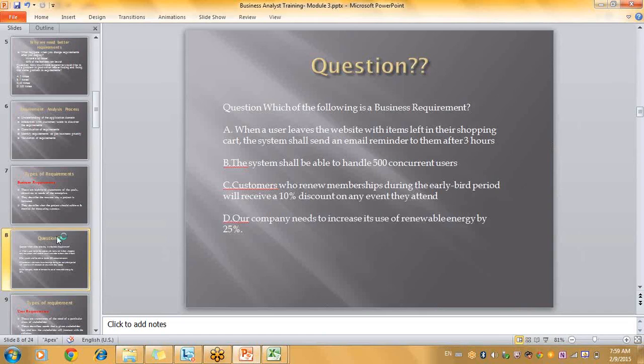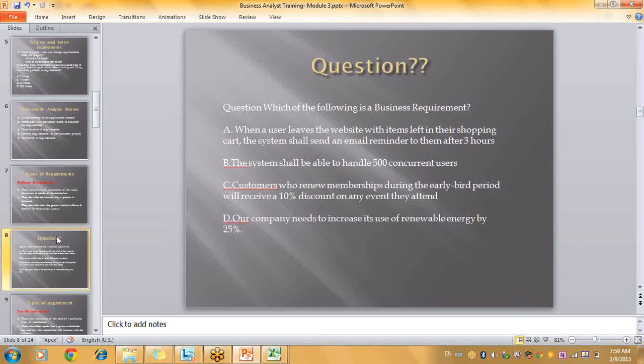Being able to handle 500 customers, I would think would be high level. Maybe reminding someone after 3 hours is not high level, maybe that's more details for later. And then receiving a 10% discount for early bird users, I guess that wouldn't be on the high level. That would be more down deeper.